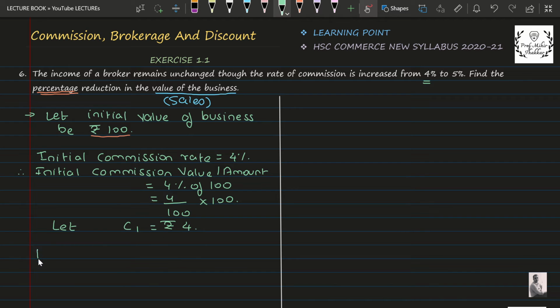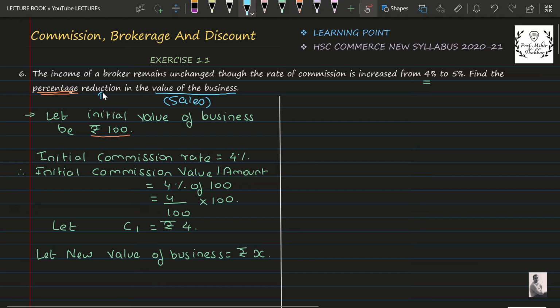Then let new value of business is equal to rupees X. Now, because I am talking about the new value, so I am assuming it is rupees X. We cannot assume once again as rupees 100 because question has clearly told us there is a reduction in the value of business.